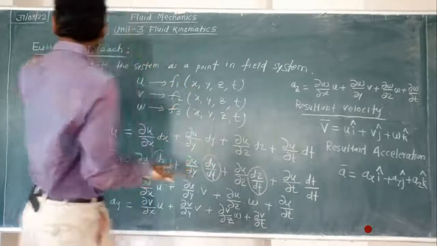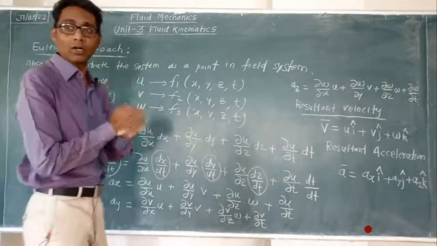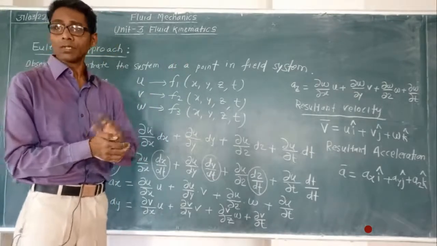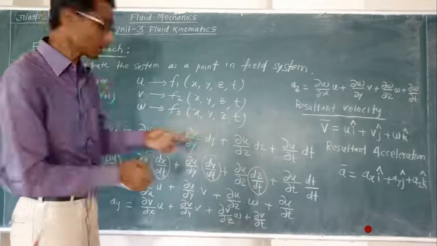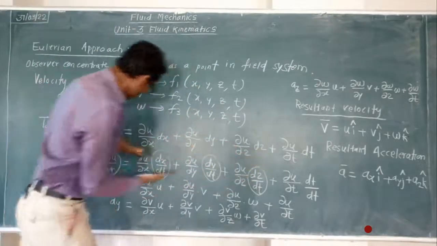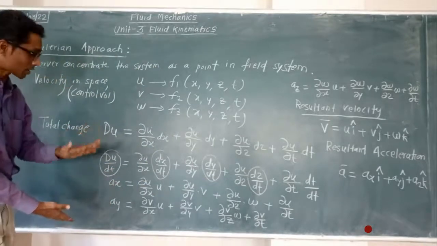Here the Eulerian approach is a field approach, as a control volume, at a location with change with respect to time in a space coordinate. We use partial differentiation form to express the change in velocities in x direction, y direction, z direction.